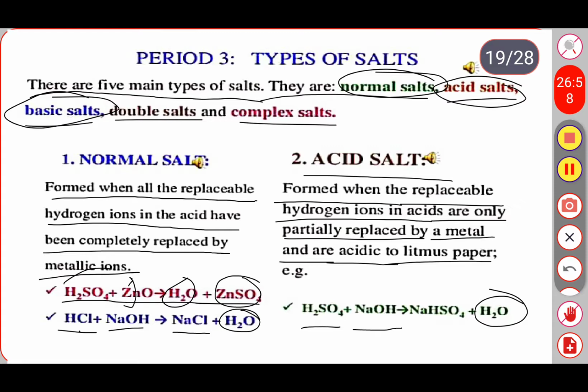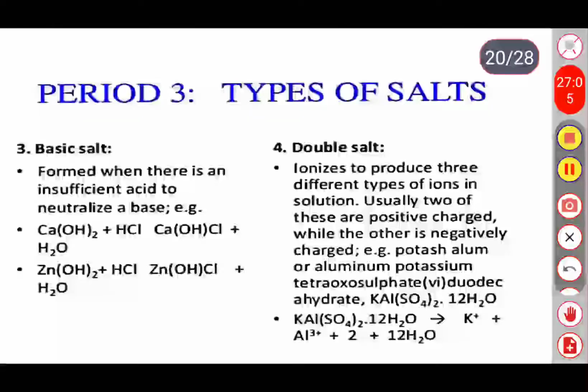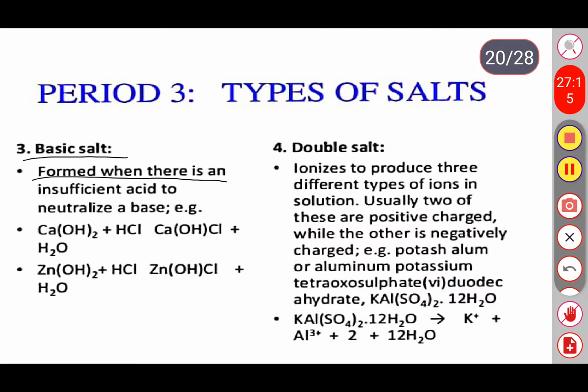Now see the next type of salts, that is basic salts. What do you mean by basic salts? Basic salts are formed when there is insufficient acid to neutralize a base, for example calcium hydroxide combined with HCl. It forms calcium chloride along with water.